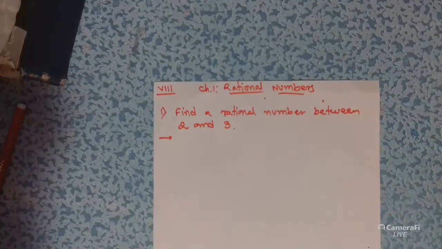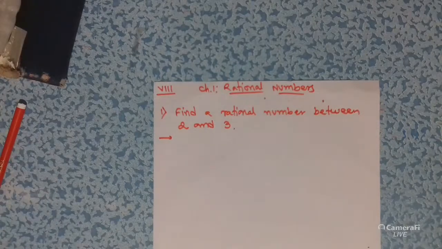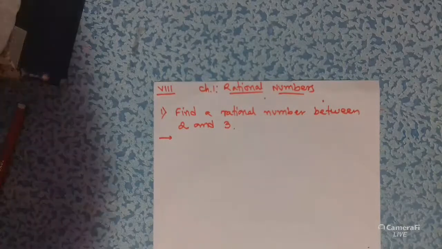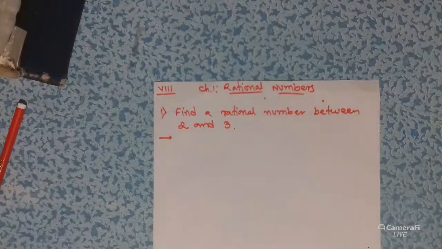So students, do you remember the formula that if x and y are two rational numbers, then a rational number between x and y is half of x plus y. So I hope you know the formula. Use this formula and find a rational number between 2 and 3.